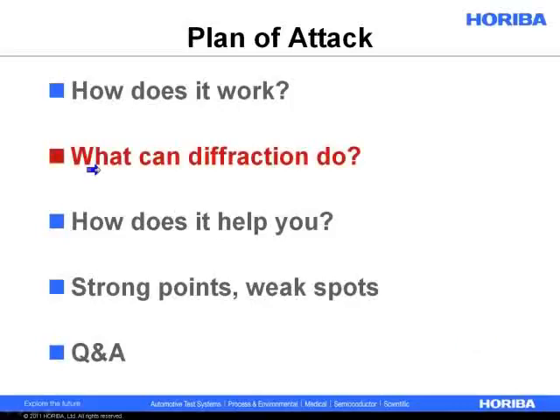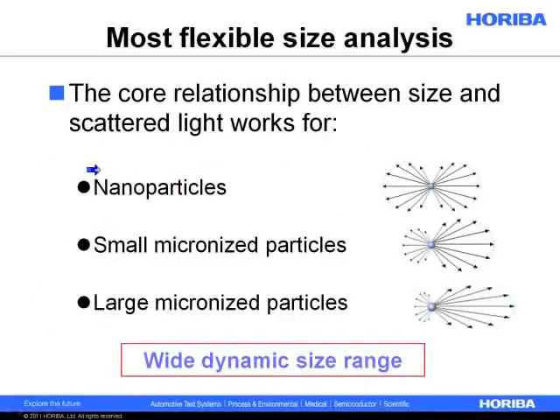Now we're going to move on to what this measurement can do for you. I'm sorry, what are the limits is a better way of thinking about it, probably. One of the reasons diffraction has become so widespread and popular is because it's a very flexible size analysis. The largest part of that is it can measure so many different sizes of materials.